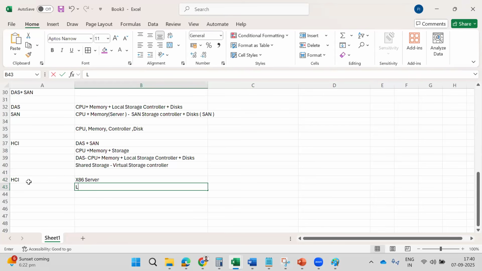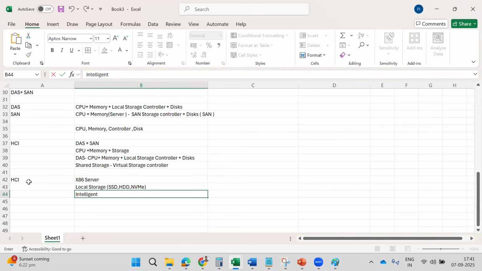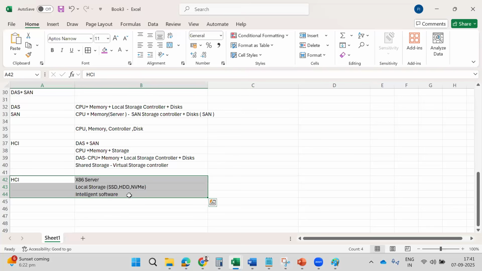Now I need local storage, SSD or hard disk or NVMe. It can be anything. Next I need intelligence software. These are the primary requirements for HCI.